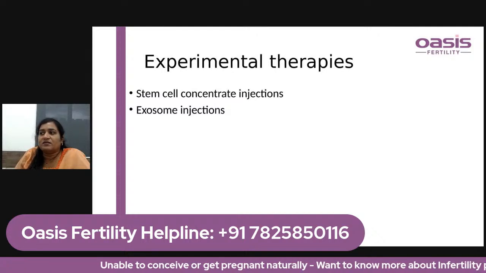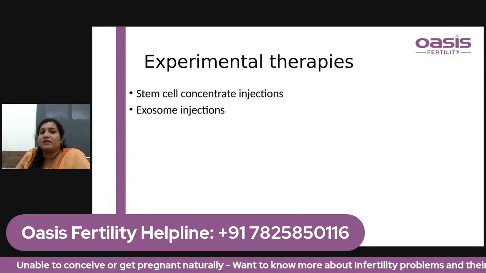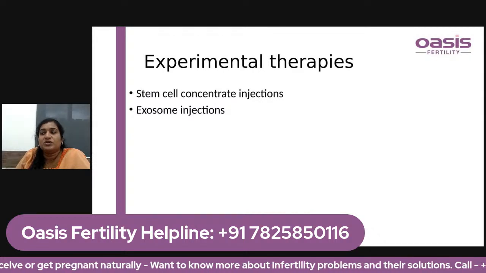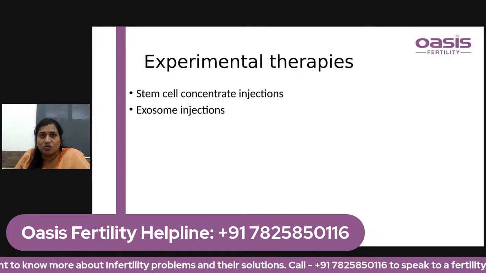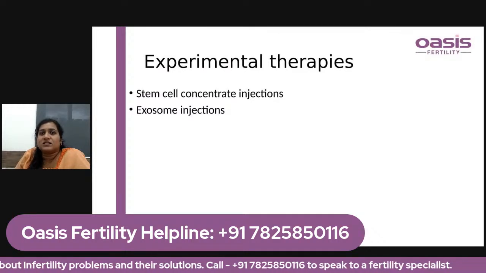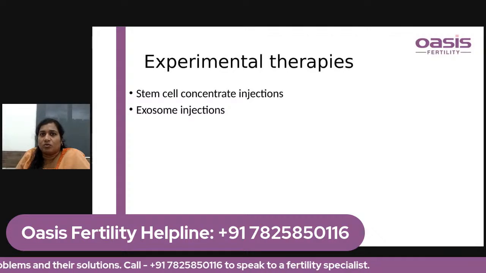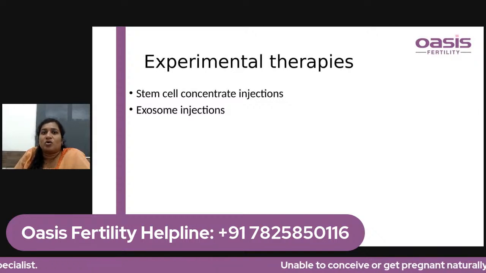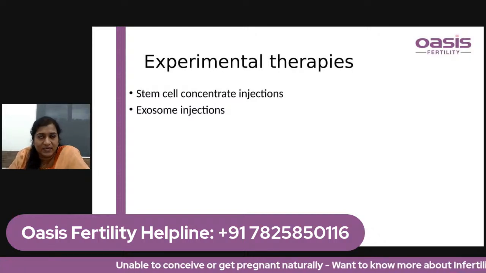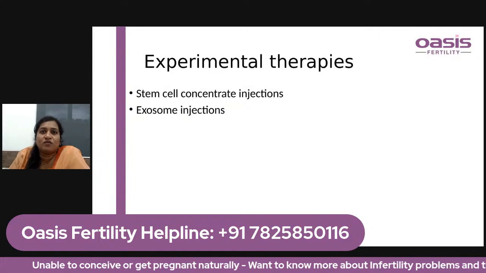The other experimental therapies, like platelet rich plasma, PRP injections, we do have a lot of research going on in stem cell concentrate injections also. Here again, stem cells are collected either from your bone marrow, or if you have cord blood stem cells, or from your blood. Anything can be done. The blood or the products which are obtained are processed, and the stem cells which help in growth and rejuvenation are selected and injected into the ovary.